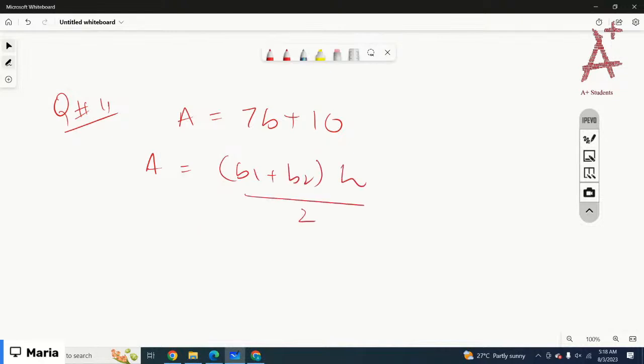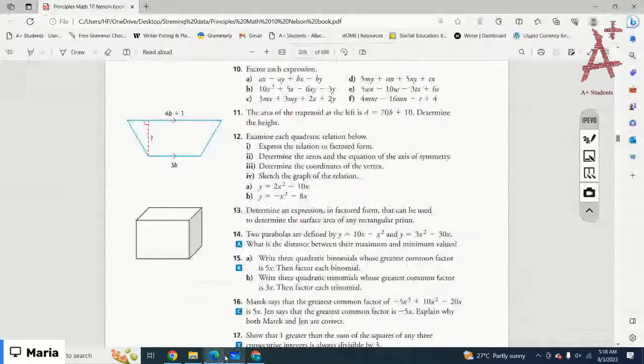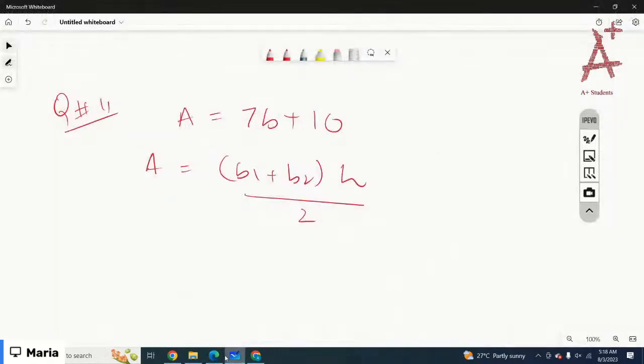That is the formula to calculate the area, right? b1 is 4b plus 1 and b2 is 3b. So let's add 4b plus 1 plus 3b, divided by 2. You have to calculate the height.